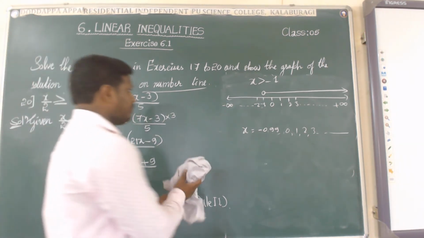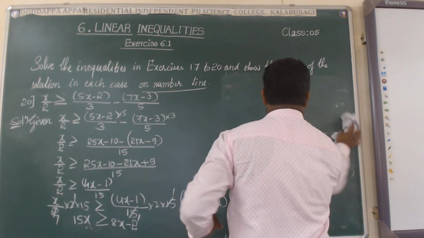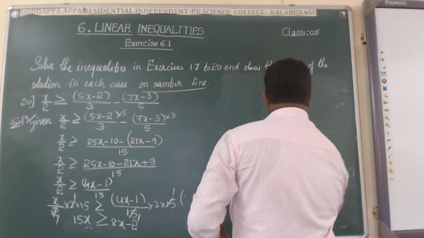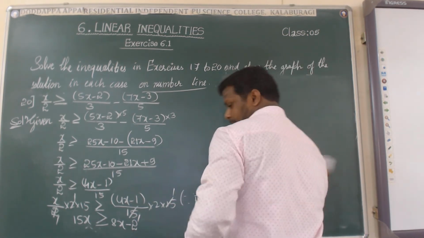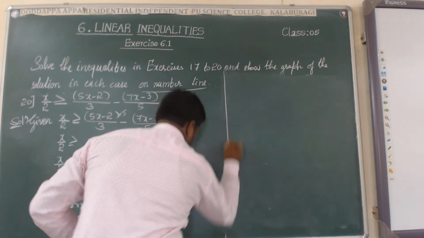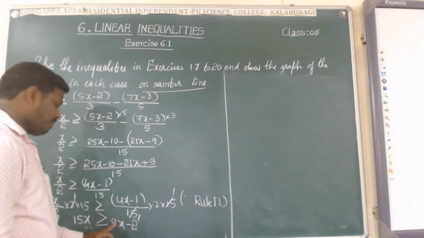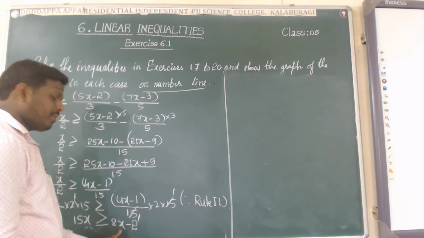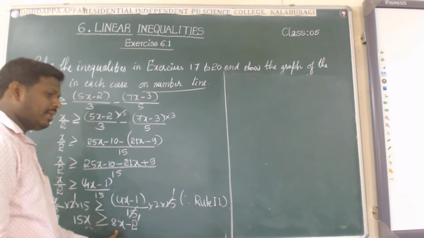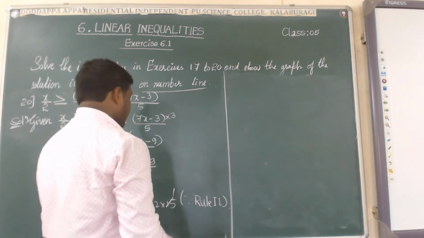Now I am going to remove the plus 8x from the RHS side. So what do we do here? Apply the first rule: subtract 8x from both sides.